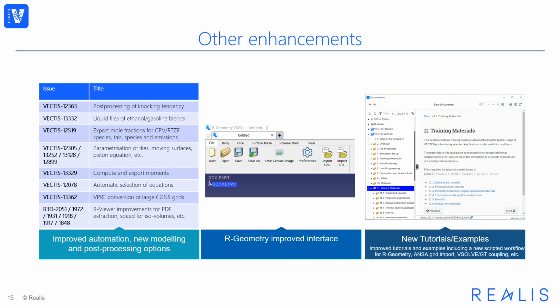Other notable features of this release are designed to help our customers transfer and enhance their existing Vectis workflows and take full advantage of the new solver technology, as well as improve their experience.